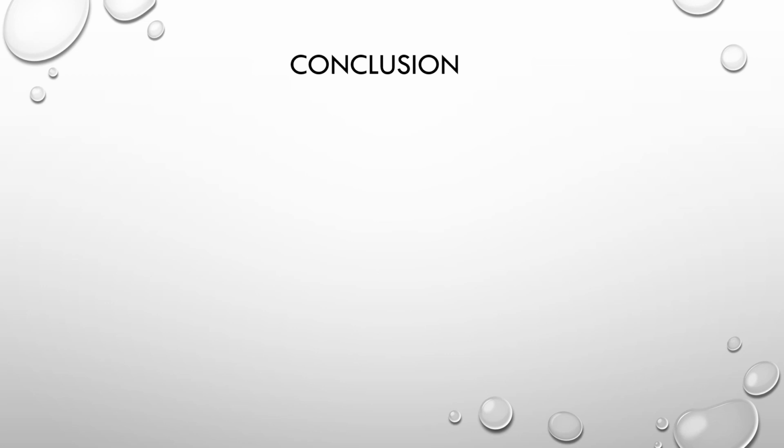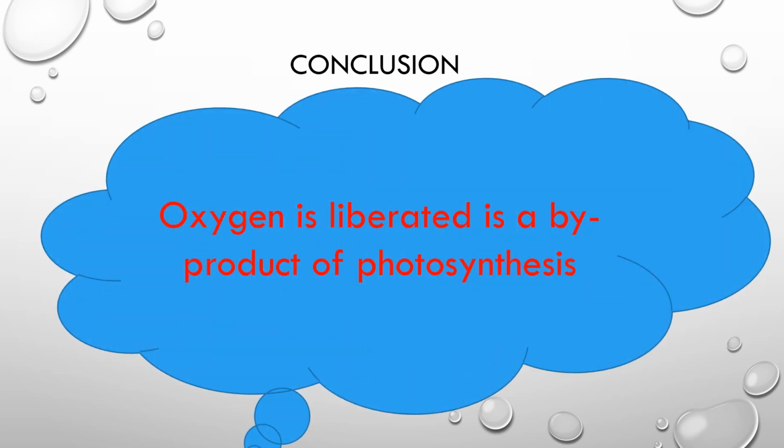Excellent. So we conclude that oxygen is liberated as a byproduct of photosynthesis. So during photosynthesis, plants liberate oxygen, gives off oxygen.